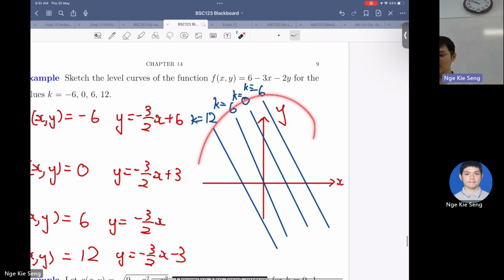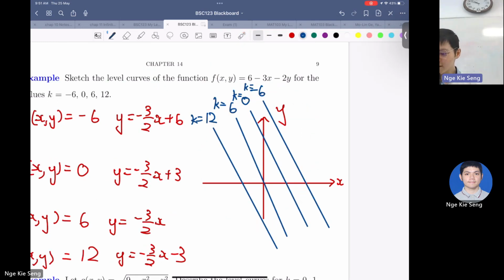Okay, so this is a plane. Do you still remember the plane equation in the exam? What's this plane equation here? It is 3x plus 2y plus z equal to 6. Okay, so what's the normal vector?